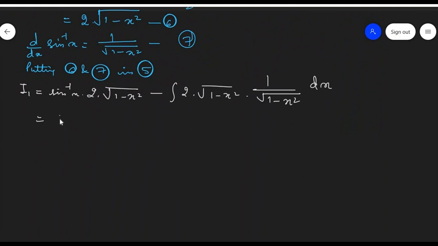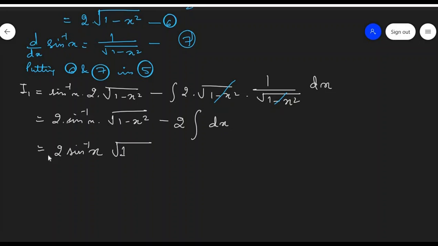So I get 2 into sine inverse x into square root of 1 minus x square minus, let's take this 2 outside, and here I have this term. So you can see one of them is in denominator and one of them is in numerator. So these two terms actually cancel each other and I'm left with only dx. So this we have already calculated. You can write this as 2 into sine inverse x into square root of 1 minus x square minus 2x plus c, and let's call this equation number 8.